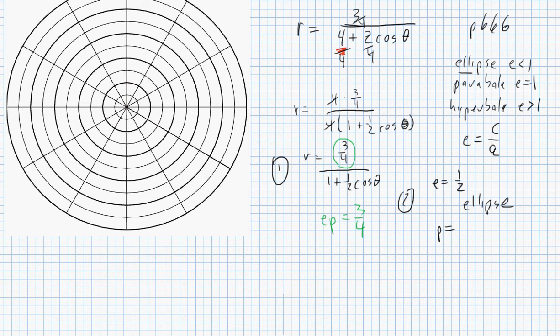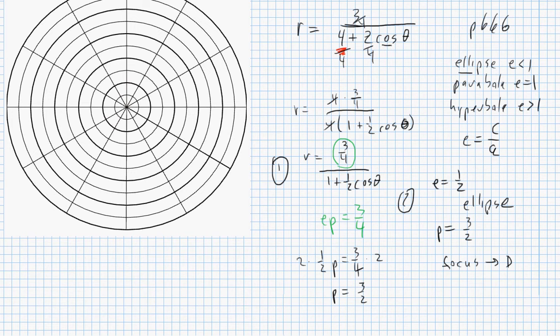We already know that E is 1/2, so 1/2 P is equal to 3/4. We multiply everything by 2, and that's going to give us P is equal to 3 over 2. Now remember, P is equal to 3 over 2, and that is the distance from the focus, which is going to be at the pole of the polar graph, to the directrix. It's 3 over 2 units.